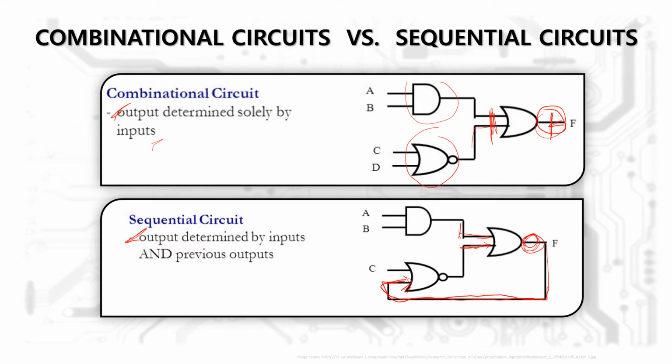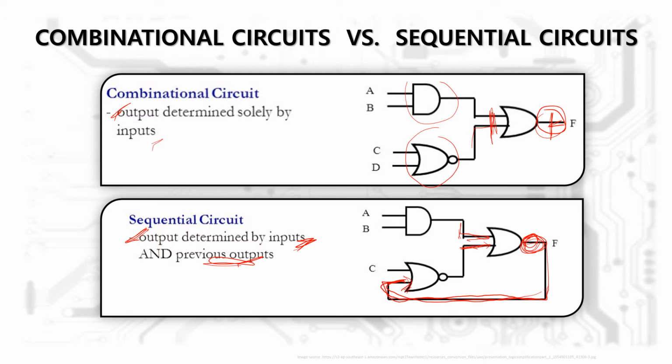So in that case, what does it mean? That whatever output I get, my next phase output will be dependent on this output. Yes, so input as well as the output of the previous phase. So we can say that in a sequential circuit, output is determined by inputs and previous output.